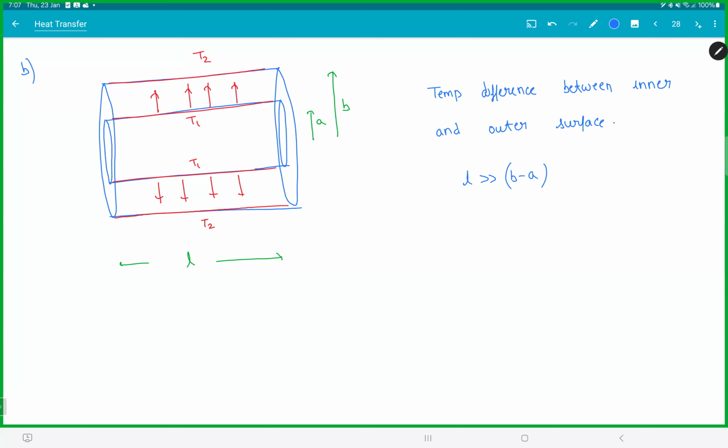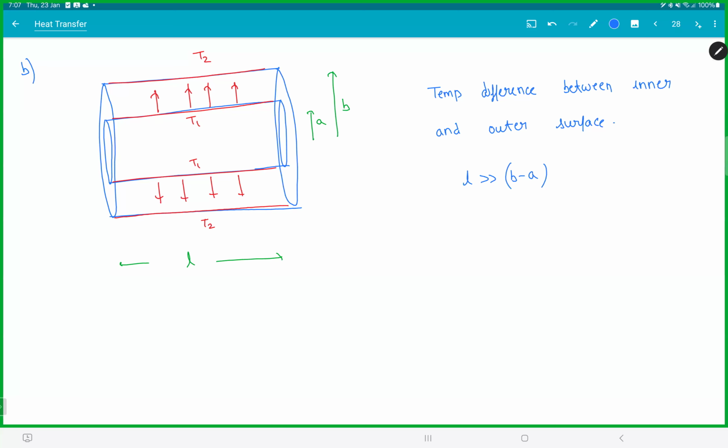R equivalent, right? Why did you get T2 minus T1 in R equivalent? Even then, that is wrong. Abhinav, any answers? What is the problem here?